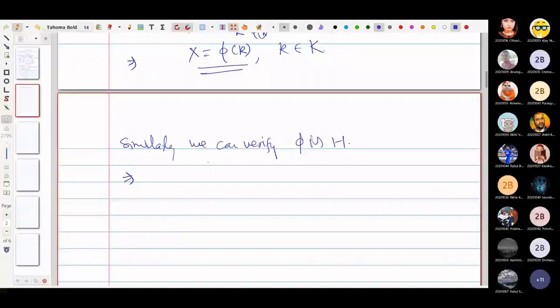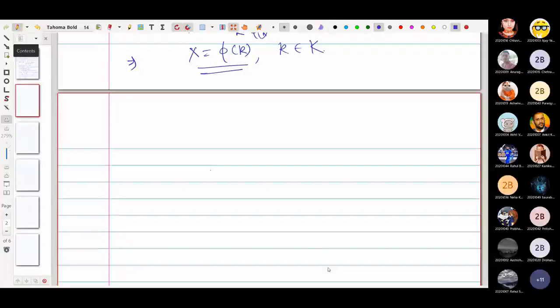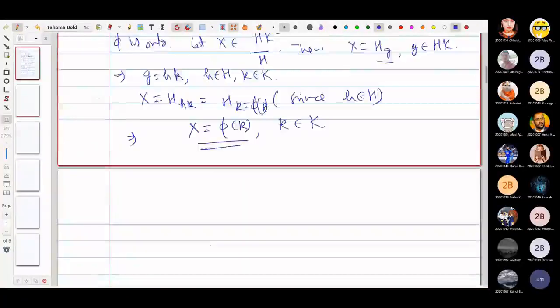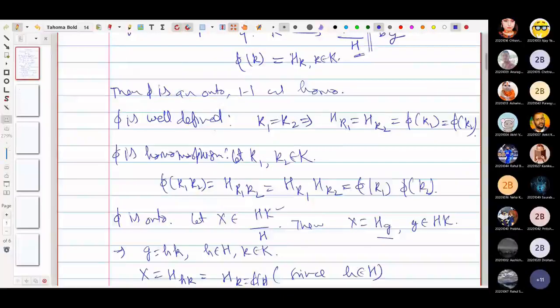I think in the fundamental theorem, I don't think there was some one-one kind of thing. If you see, just a minute. I think that was a theorem which requires only onto. Yes, that theorem was onto only. So we need not prove this one-one.